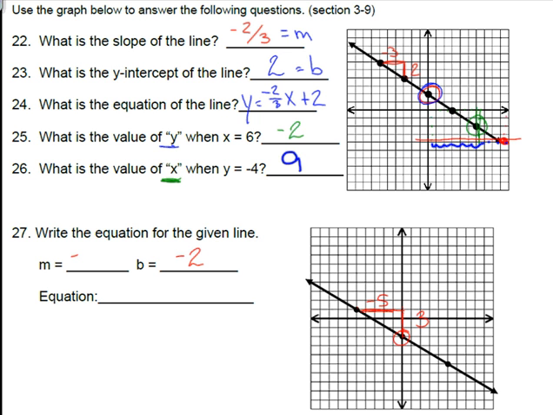So my slope would be a negative 3/5. Remember, our equation looks like y equals mx plus b. So here, the equation would be y equals negative 3/5 x minus 2.